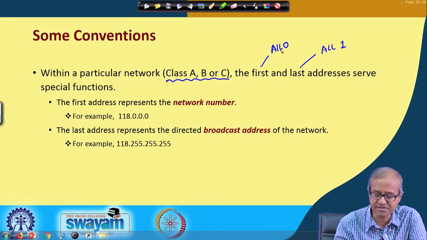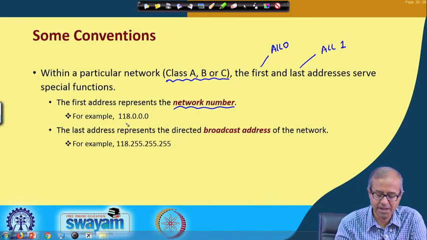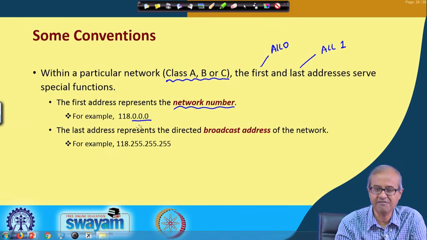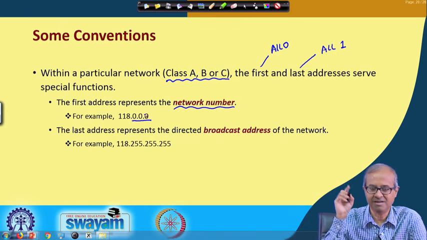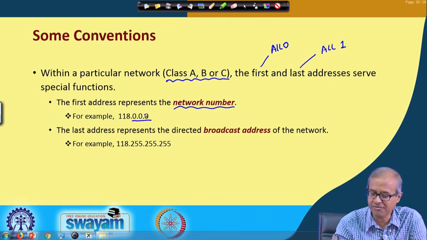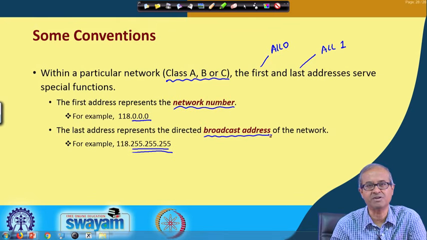The all 0 address specifies the network number. Like 118 is the address of the network. If you write 000 in the host part, this identifies the network 118.0.0.0. And if you write all 1 like this, this refers to the broadcast address of the network.